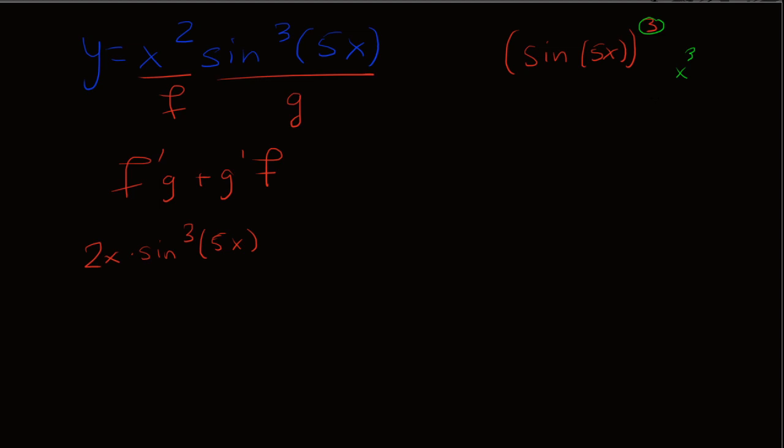Whenever you take the derivative of x cubed, you bring down the power and subtract 1. So we're going to bring down the power, keep the inside the same, subtract 1 in the exponent. But this is chain rule. Now you have to take the derivative of the inside. So derivative of sine 5x.